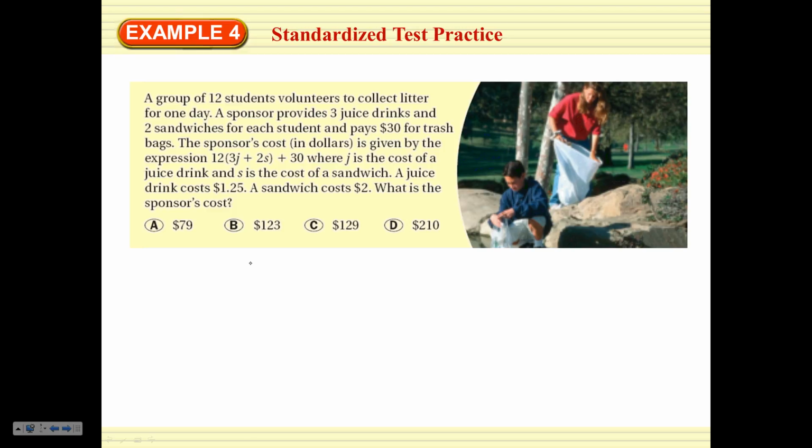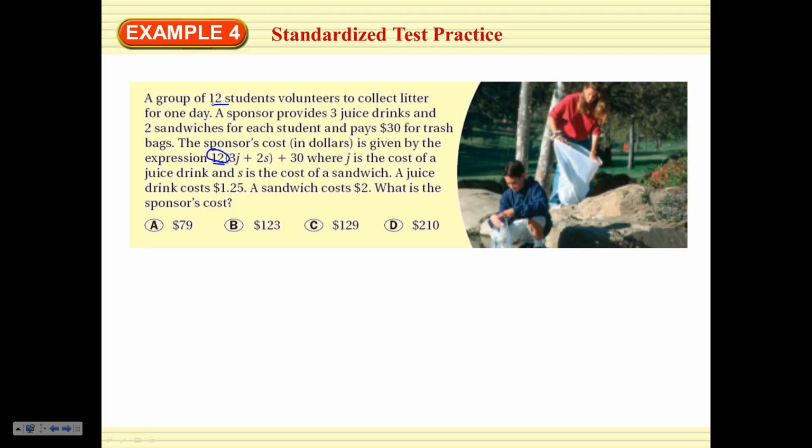The sponsor's cost in dollars is given by the expression 12 times the quantity, 3 times J plus 2 times S, plus 30, where J is the cost of a juice drink and S is the cost of a sandwich. Now, what does the 12 out here represent?